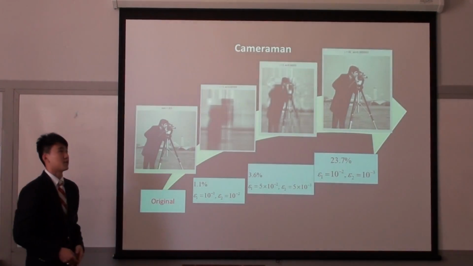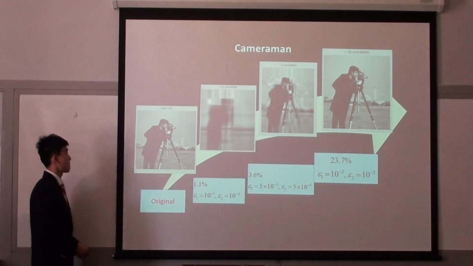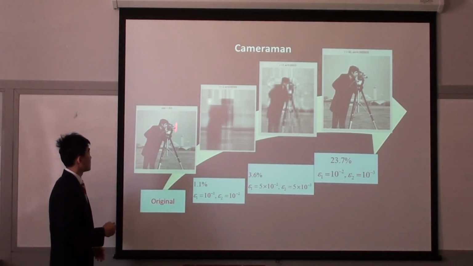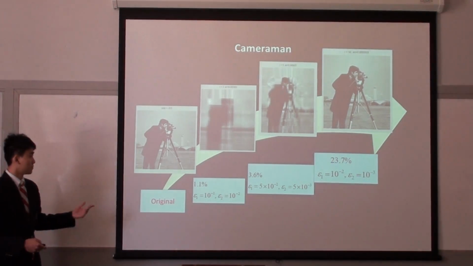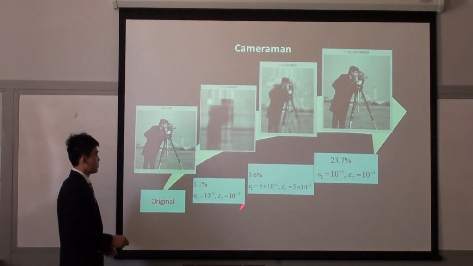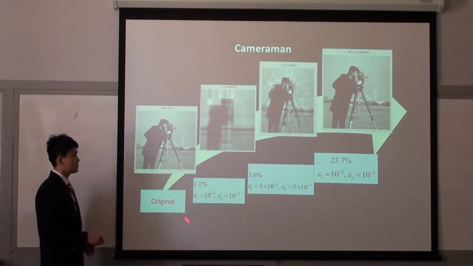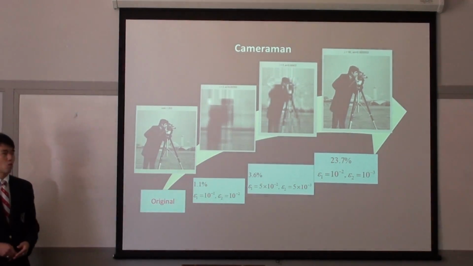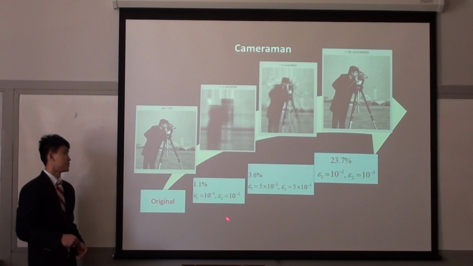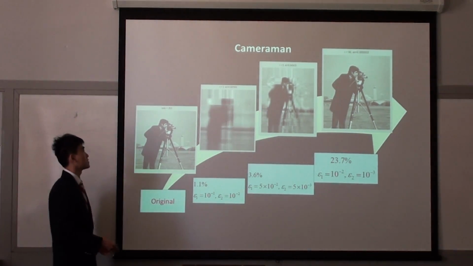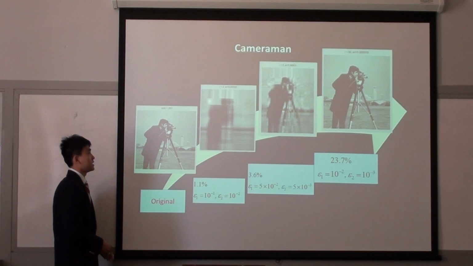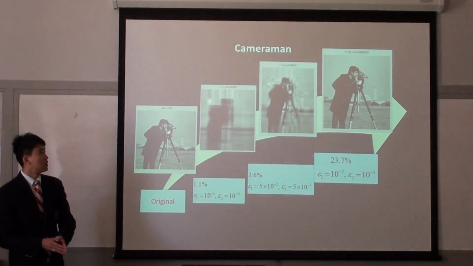So here's a case I used in my program. From your left is the original one. It has 253 ranks. At first, I set my epsilon 1 as 10 to the minus 1 and epsilon 2 as 10 to the minus 2, and it gives me this kind of picture. It stops at rank 3, so I make the criteria smaller.